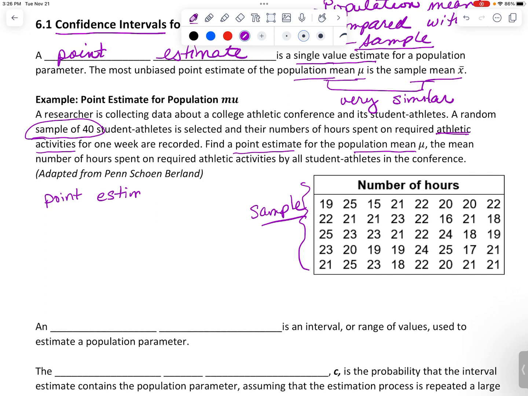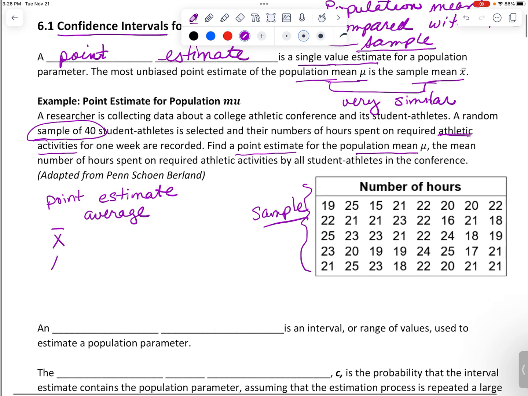And basically all the point estimate is the average. So our average we represent as x bar since it's a sample. So this is your average for the sample. And that's found by taking the sum of all of my x values and dividing it by n.